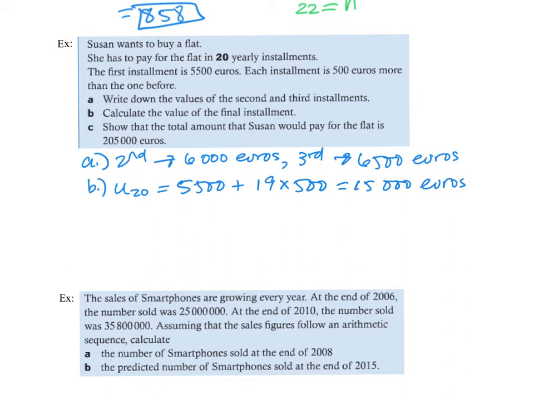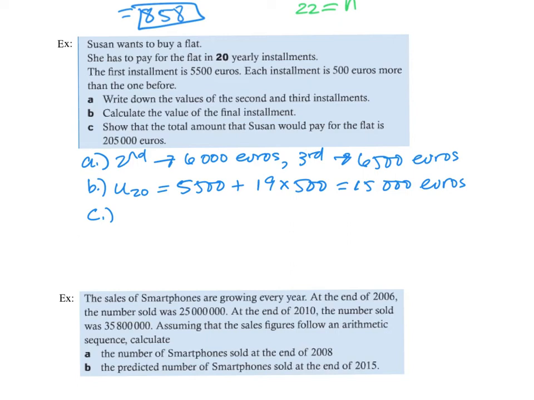And then letter C says, show that, so we're going to have to show some work here. It says, show that the total amount that Susan would pay for the flat is 205,000 euros. Okay, so let's use our formula for adding n terms.